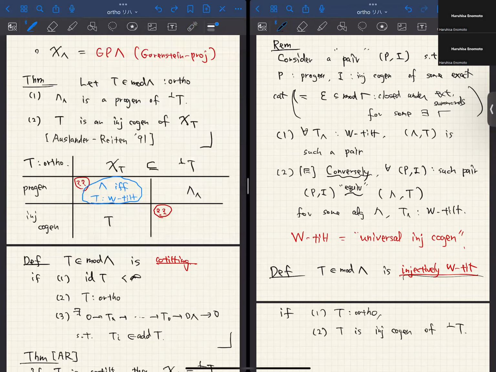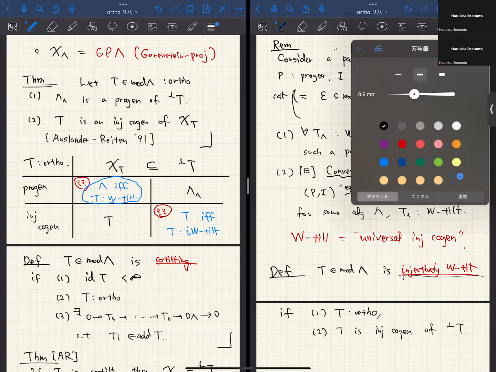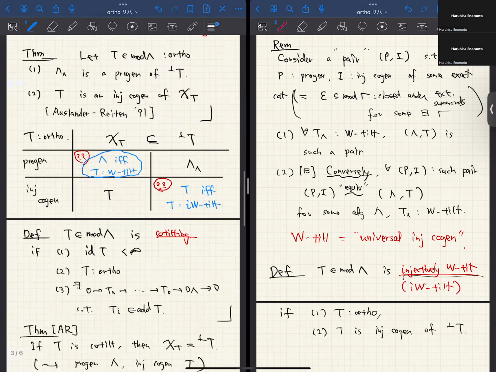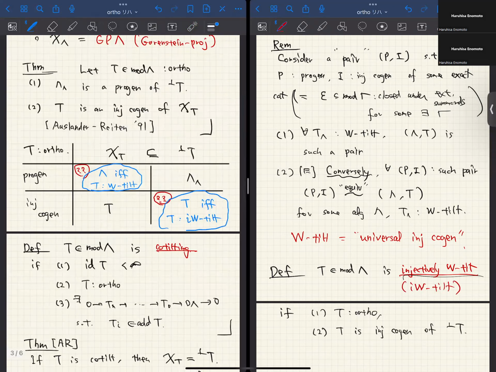So this definition says T is injectively Wakamatsu. Oh, I forgot, I should write IWT; writing it out is also wrong. So the definition is natural if we consider such a table.